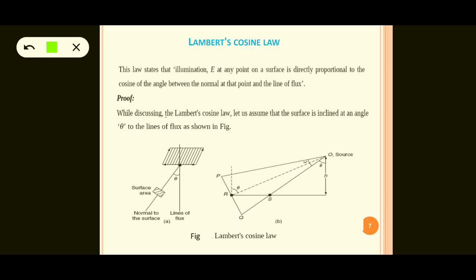PQ is inclined at theta to the vertical axis, and RS is inclined at an angle theta to the source. So this shows figure B.